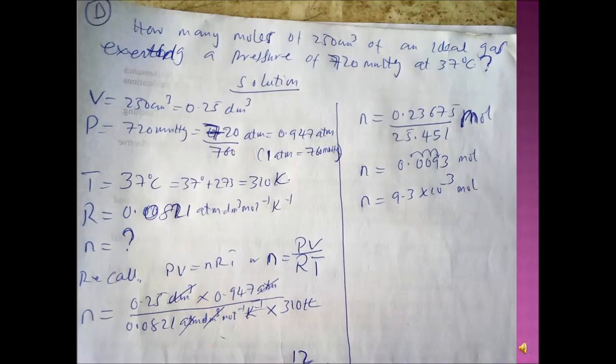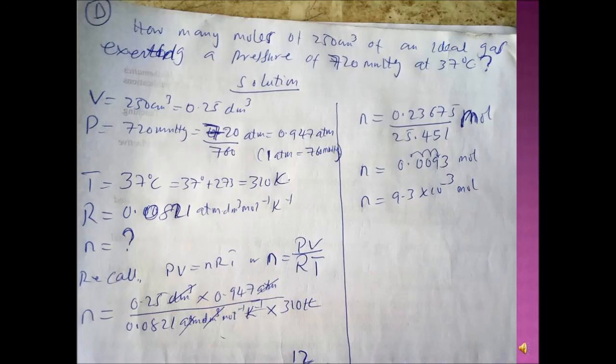Then we have our gas constant, which is 0.0821. This is one of the reasons why we did all the conversions earlier. The gas constant has atm, so our pressure will not be compatible if it is in millimeter mercury, so we have to convert it to atm. You can also see that the volume in the gas constant is in dm cube, so what we were given in centimeter cube had to be converted to dm cube.